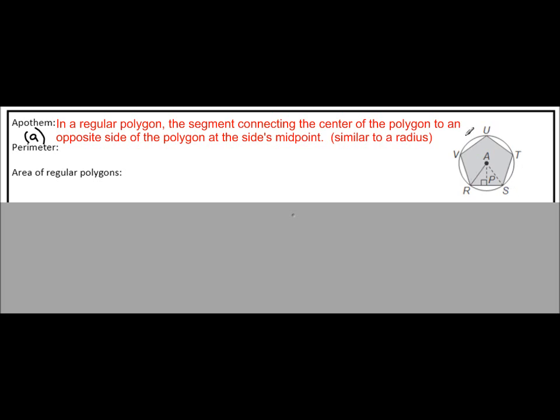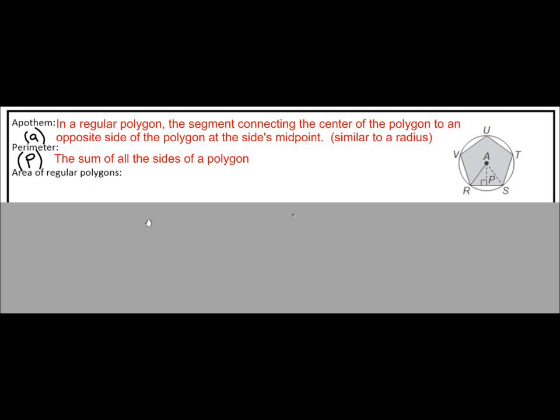So if I know one side, let's say this is 10, then I would take that side and multiply by how many sides there are. So in this case, the perimeter would be 10 times 1, 2, 3, 4, 5, 50. When we give the formula for the area of a regular polygon, perimeter will be represented by a big P.